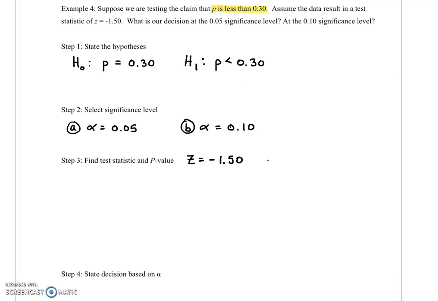We also know that this is a left-tailed test because our alternative hypothesis is less than. So what does that mean?